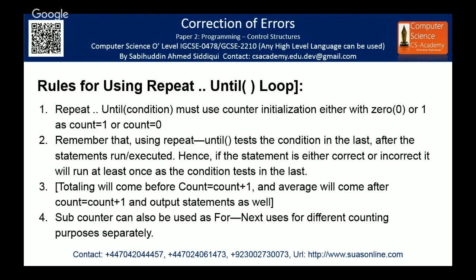To count the total number of Mars chocolates, I have to put the counter with the condition-satisfying statement. That means if this chocolate is found, the sub counter should automatically increment the total number of sales of that item for which I have fixed the condition, that is, if chocolate equals Mars, then Mars equals Mars plus 1. So this can be the sub counter for counting Mars separately.